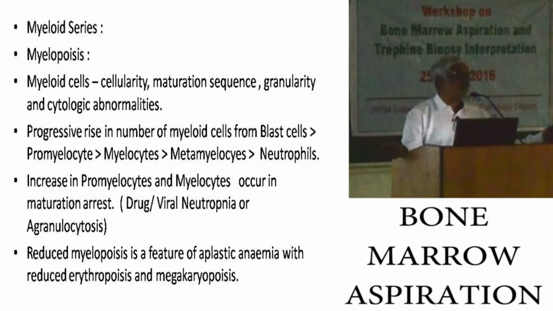The only problem is when there is a maturation arrest or agranulocytosis, when you get a large number of immature cells, and the bone marrow may be interpreted as a probably malignant condition or leukemia.